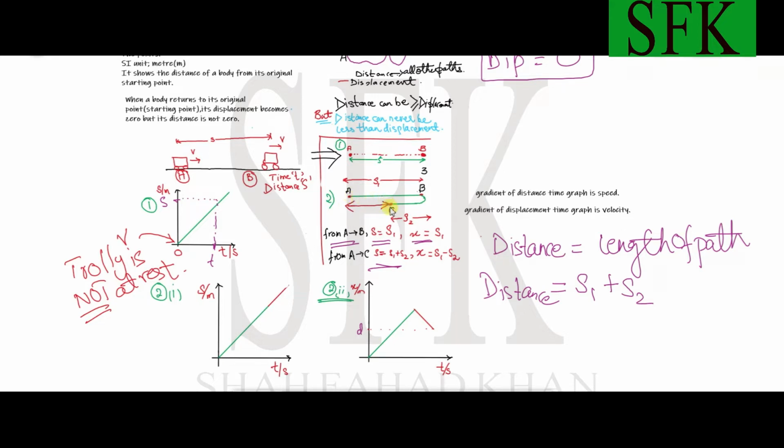The length of this arrow is gonna be S1 minus S2. So the displacement in this case is gonna become S1 minus S2, because displacement in reality is the distance from the starting point. So the distance from the starting point is this red arrow that I just drew. The displacement is going to be S1 minus S2.